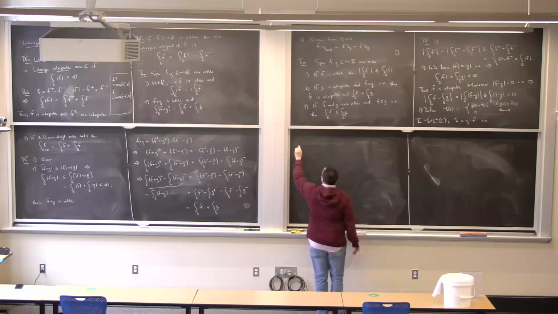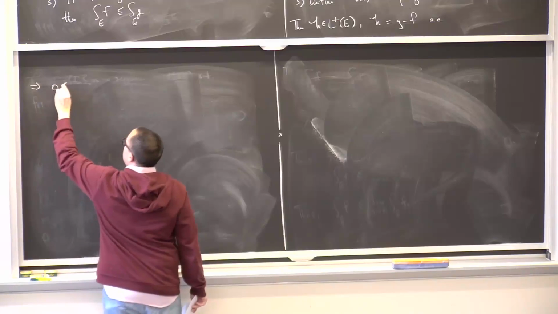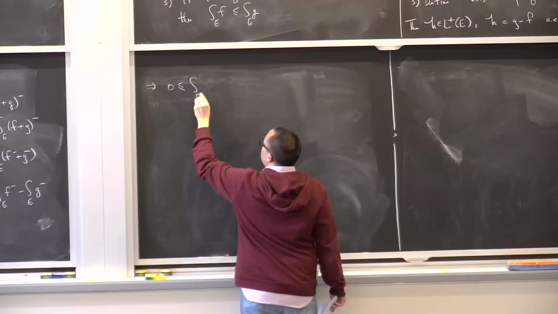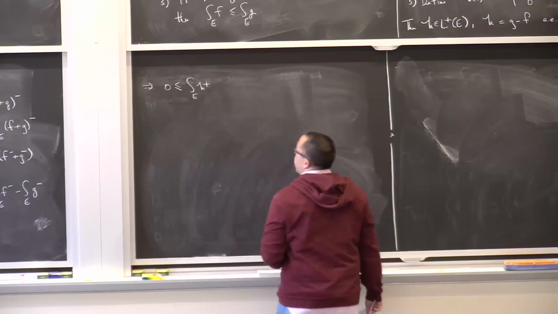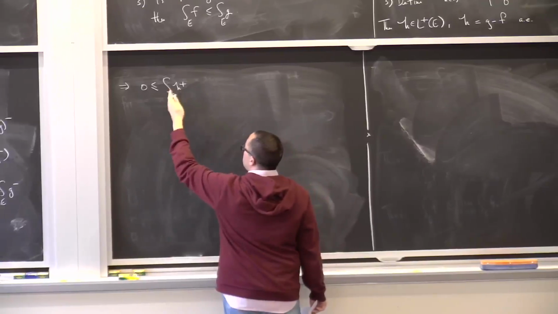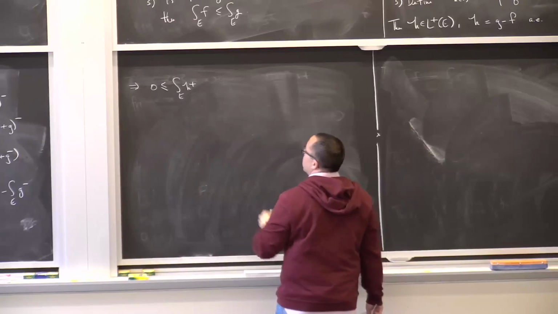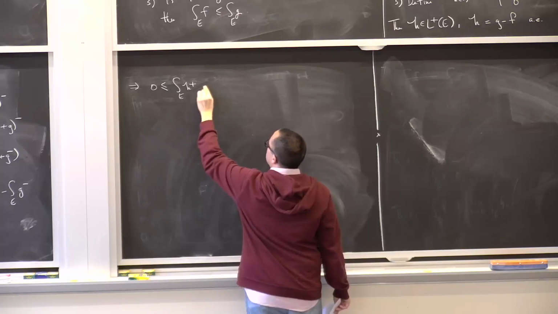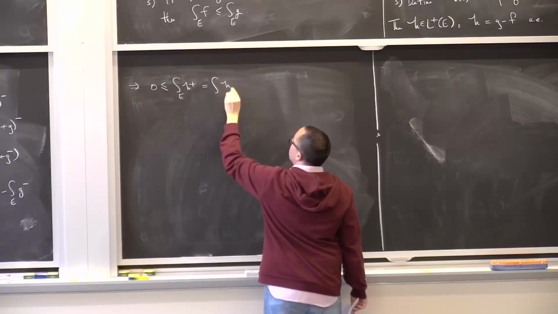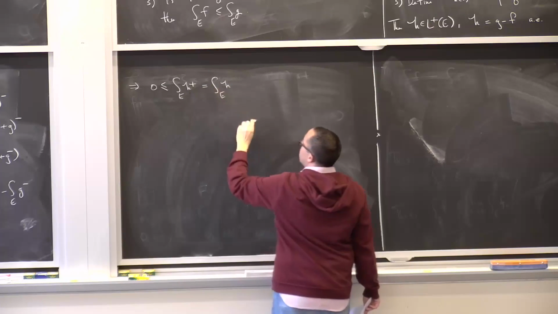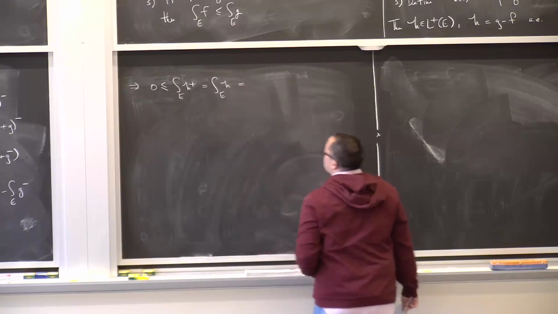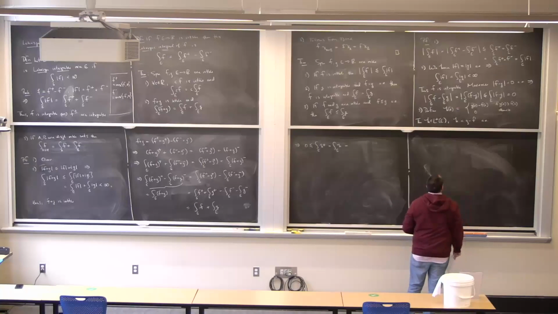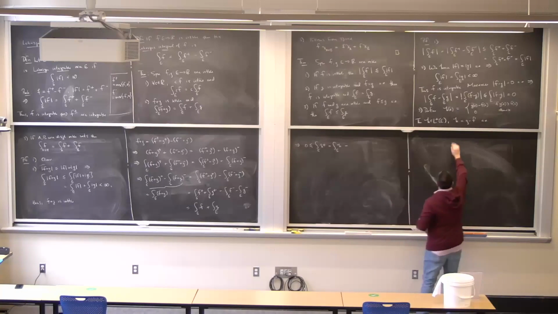And therefore, I get that 0 is less than or equal to the integral over E of the positive part of h, because this is just a non-negative function. We know what its Lebesgue integral is defined to be, given by the previous lecture. So it has to be a non-negative number, which, because h is non-negative, h plus is equal to h.